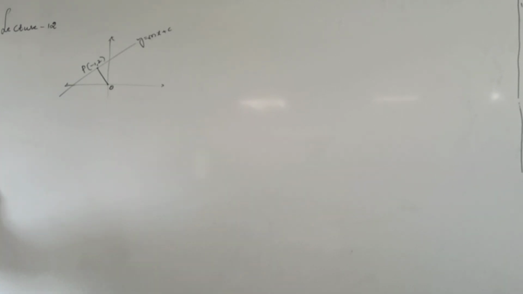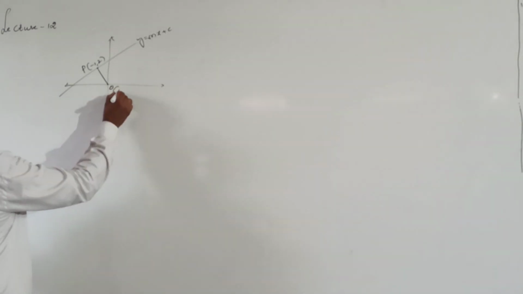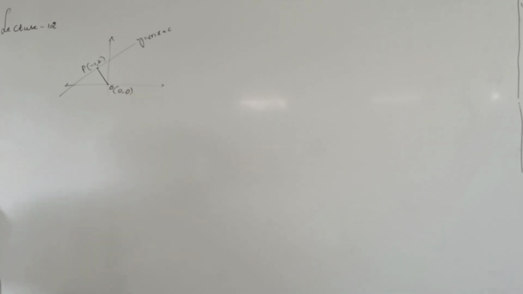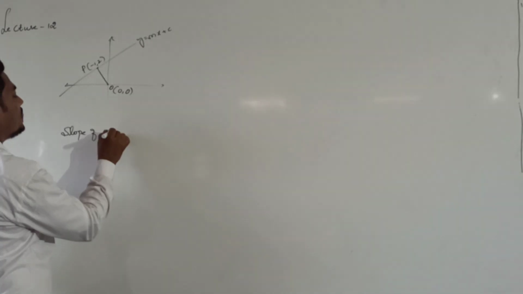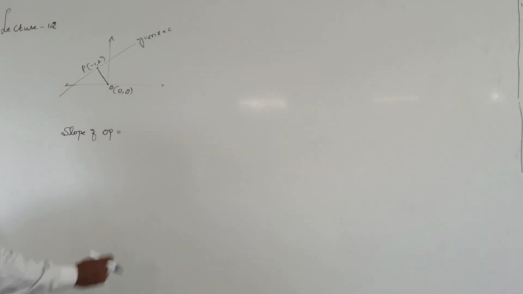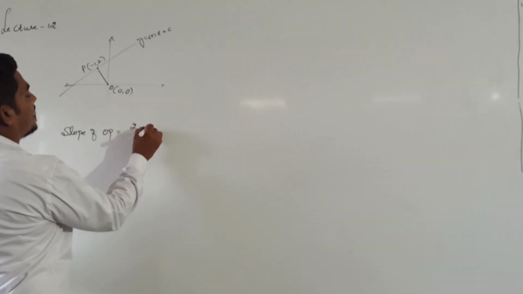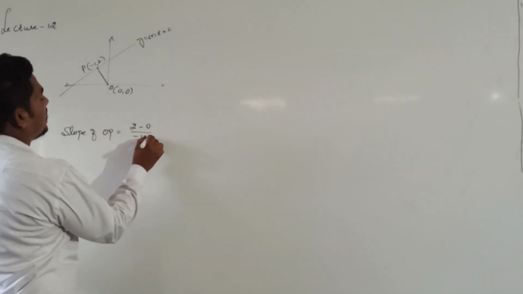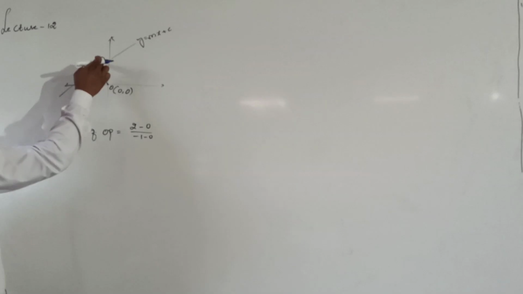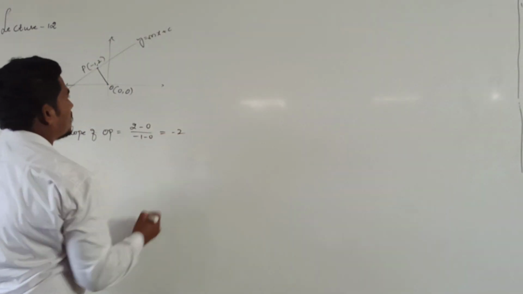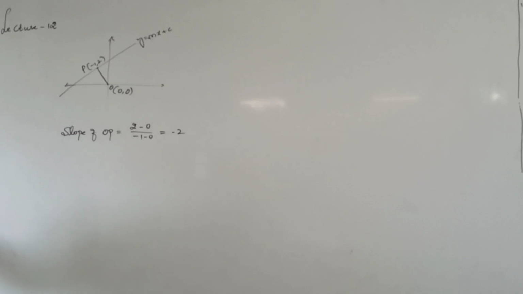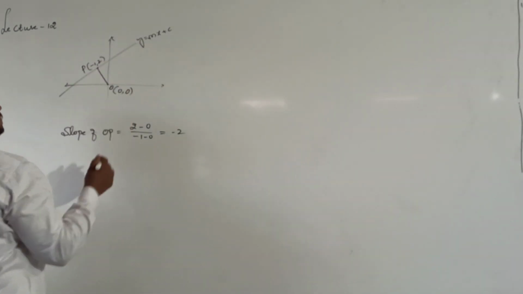Can you tell me the slope of OP? Already you know the coordinates of the origin, 0, 0. So the slope of the OP line is, by using the 2-point formula, (y2 minus y1) divided by (x2 minus x1), 2 minus 0 divided by -1 minus 0, that's equal to -2. Then what is the slope of this line?